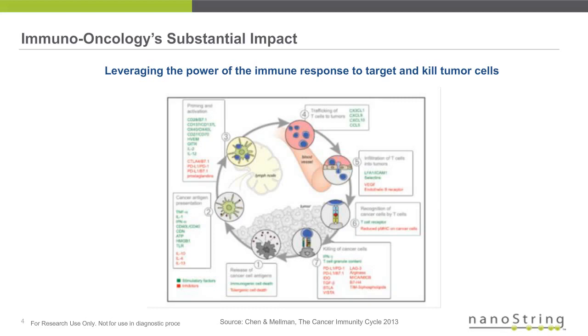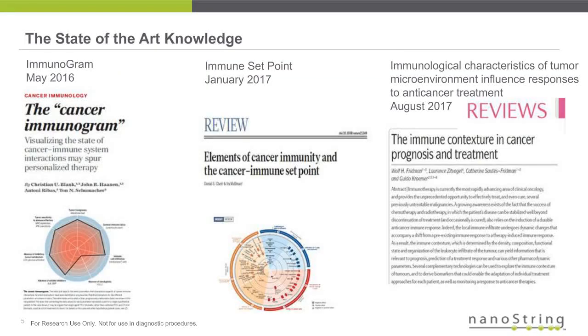By using multiplexed gene expression profiling, we believe we can create a complete, holistic picture of what's happening within any given patient. There's a lot of research that has been ongoing into cancer immunotherapy at the moment.